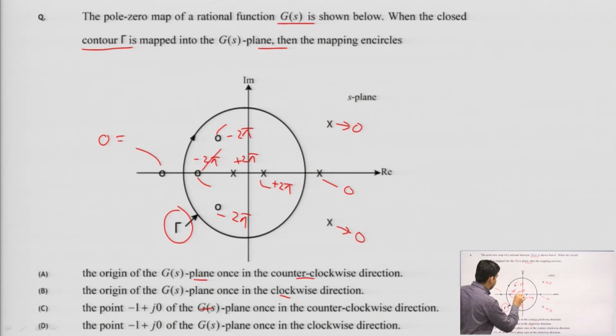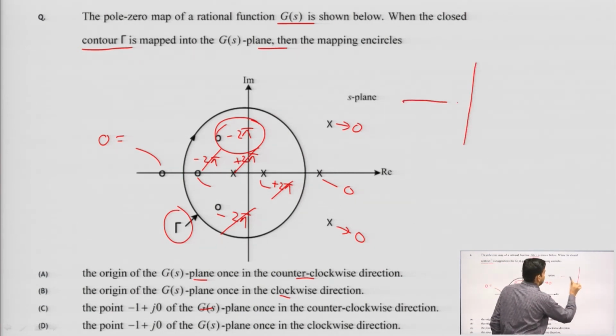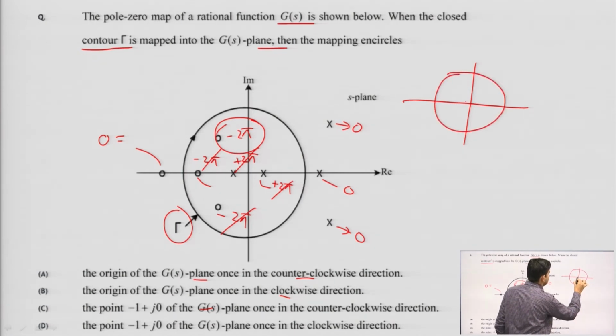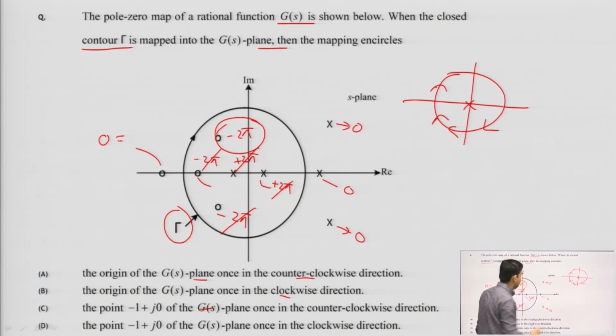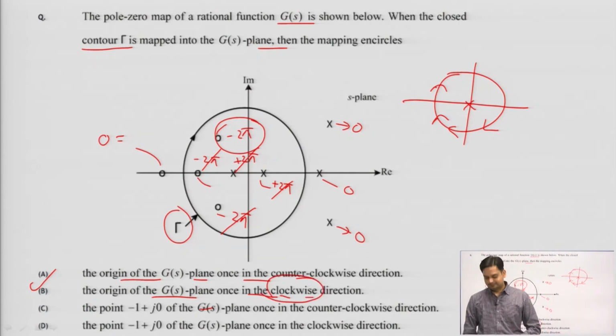Minus 2 pi plus 2 pi cancel out, minus 2 pi plus 2 pi cancel out, and I am getting minus 2 pi. It means in the G(s) H(s) plane the encirclement will be around the origin, with a minus sign, meaning in clockwise direction only one time. So option B, the origin of the G(s) plane once in clockwise direction, is my correct answer.